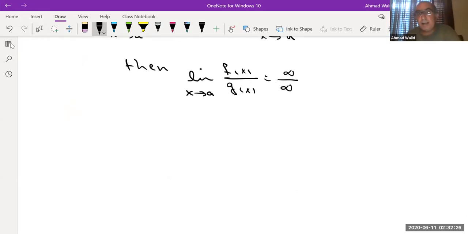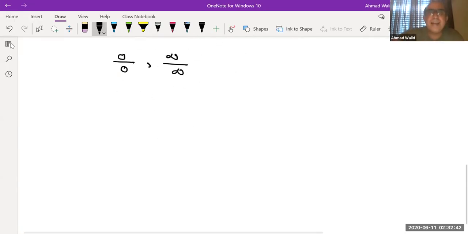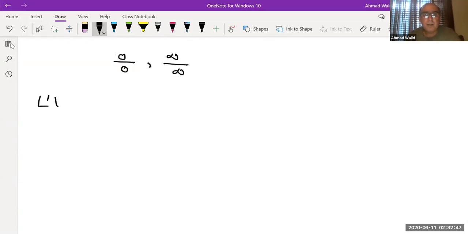Remember, if you are in an indeterminate form, meaning the form 0 over 0 or infinity over infinity after you plug in the limit, then you can use this rule, which we call L'Hopital's rule. We write it like hospital, but we don't pronounce the S. We read it L'Hopital's rule.